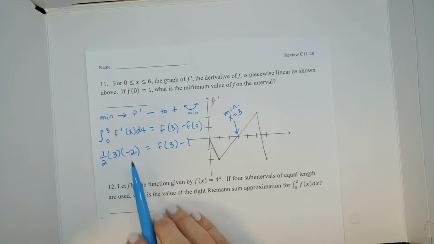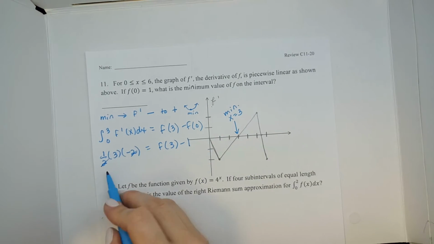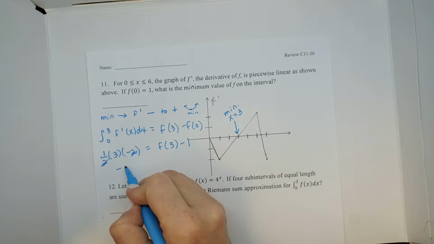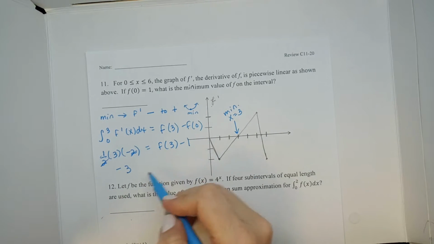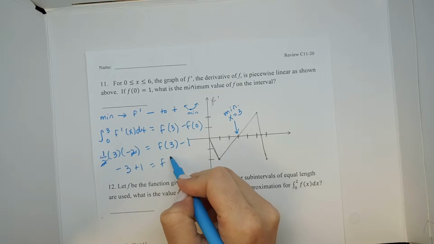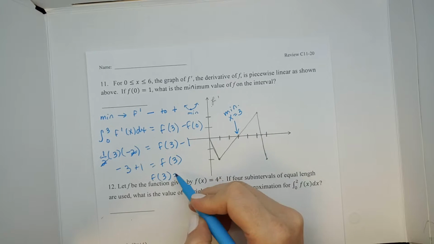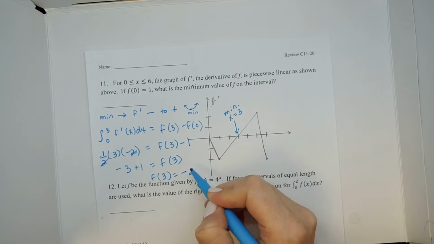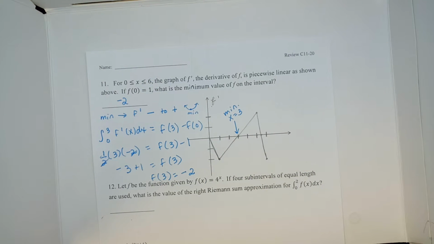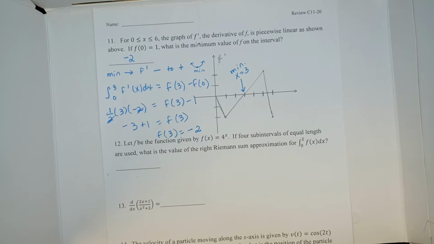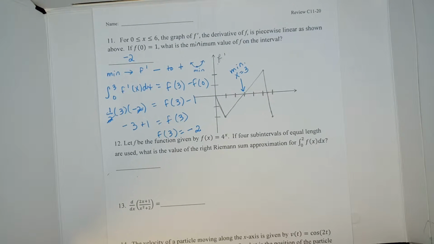So 1/2 times 3 times -2, the 2's cancel, and I have -3. And then if I add the 1, that gives me -2. And that's your answer.